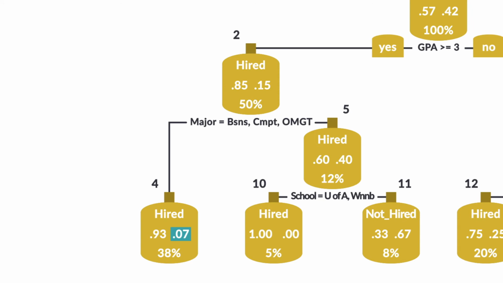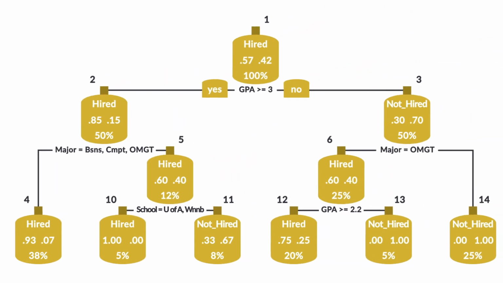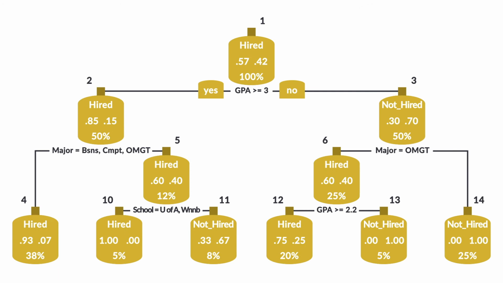Remember, to get into this node, you needed a GPA of 3.0 or higher and a certain major. An unlucky 7% of students with these qualifications still didn't get a job offer in our data set. And finally, we have a head count. This tells us it's a relatively big node. 38% of our data set is here. And that is how we build and read a classification tree.